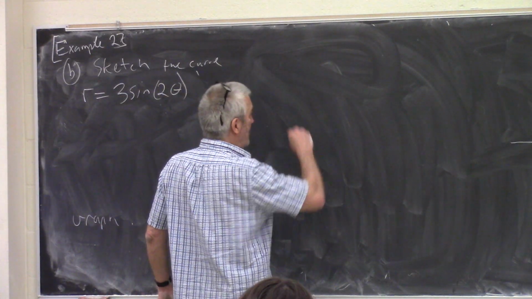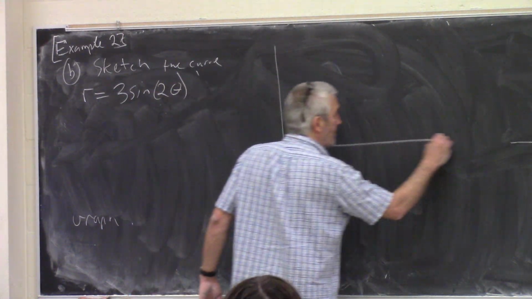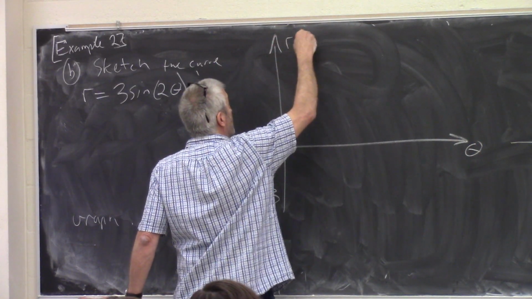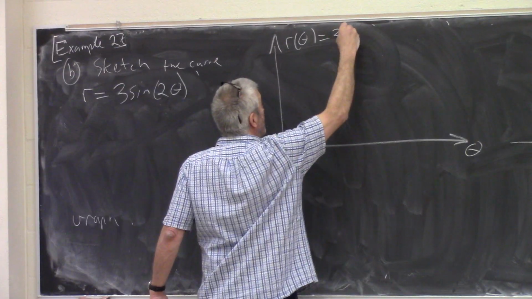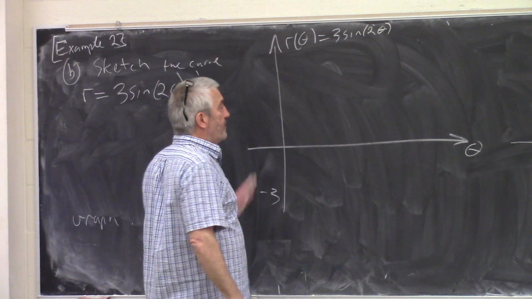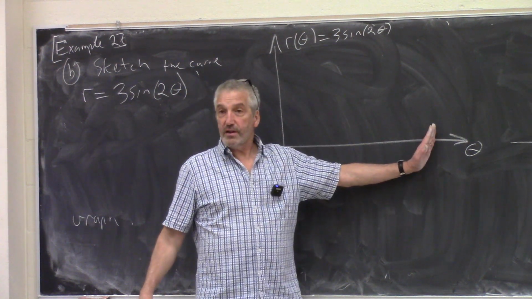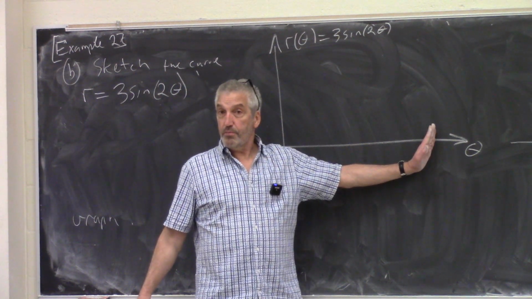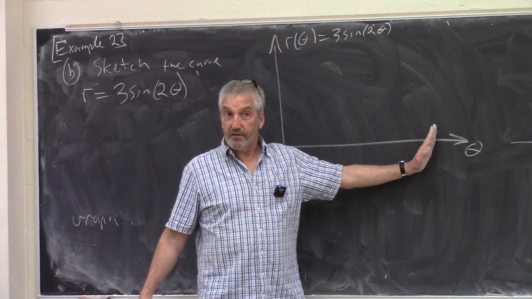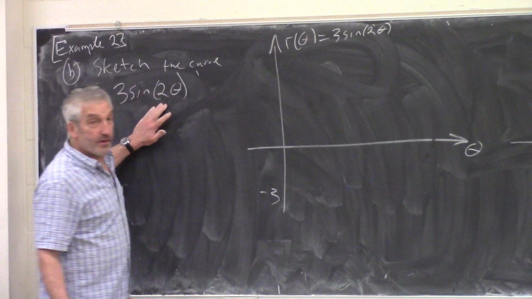So my previous graph, I'm going to plot r of theta, which is 3 sine 2 theta. The graph that I had, which was 3 sine theta, its period was 2 pi. You had to go through an angle of 2 pi to get the thing through an entire cycle. What's the period of this graph going to be?